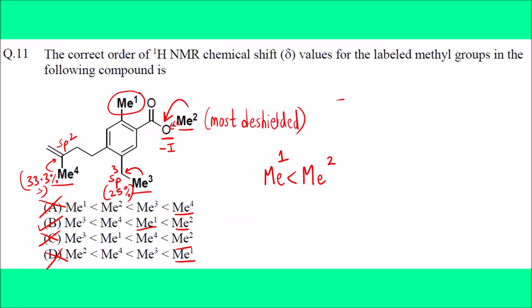We had seen that electronegativity is directly proportional to percentage S character. So the next de-shielded proton will be Me4 and the least will be Me3. So the correct answer for this question will be option B.